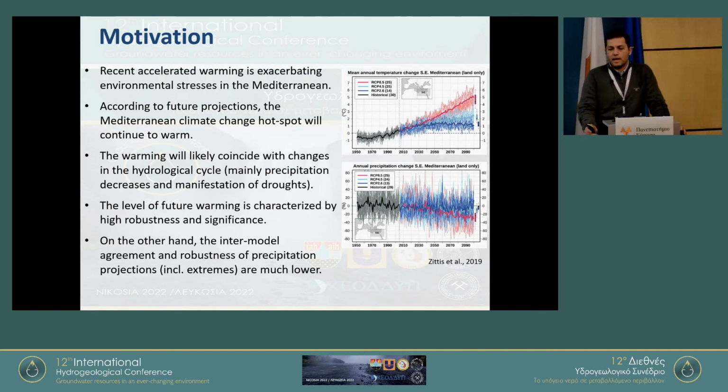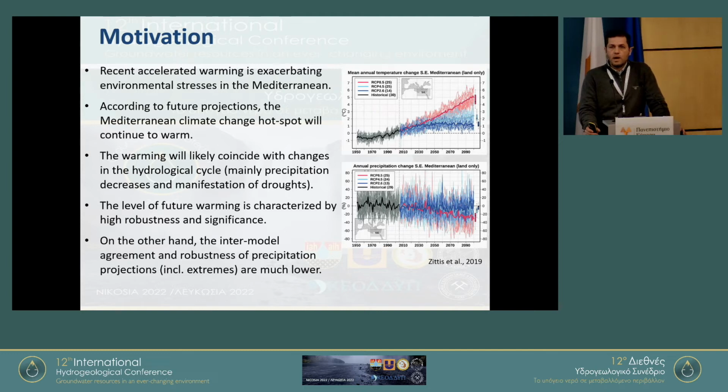The motivation behind this study: we see from observations a recent accelerated warming in the Mediterranean. And according to future projections, this warming in the region will continue for the next decades, as you see in the upper plot. And according to model projections, we see that this warming will coincide with changes in the hydrological cycle, mainly expressed as precipitation decreases and manifestation of droughts.